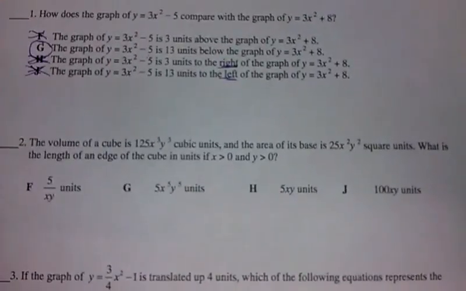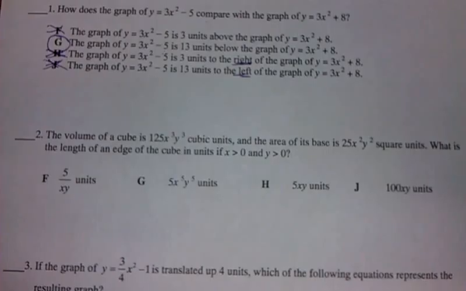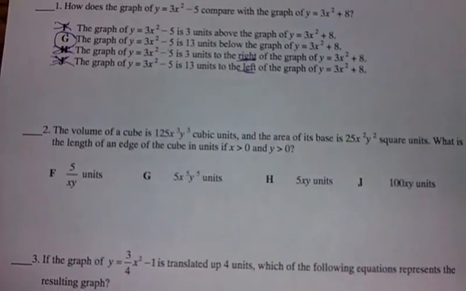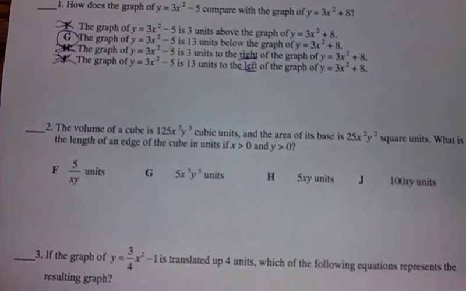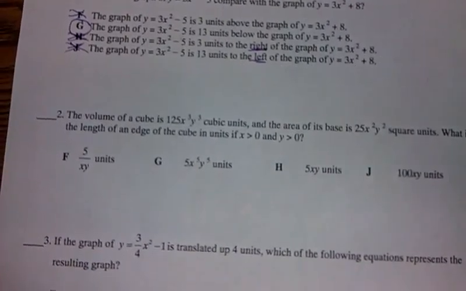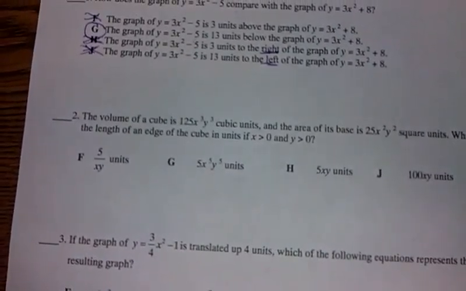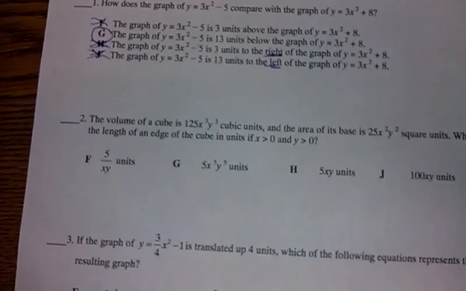All right, there's number 2. The volume of a cube is 125 x to the third y to the third cubic units, and the area of its base is 25 x squared y squared square units. What is the length of an edge of the cube in units if x is greater than 0 and y is greater than 0?